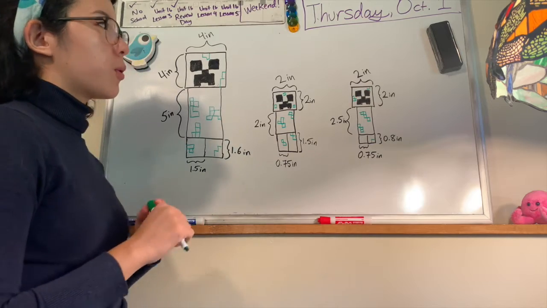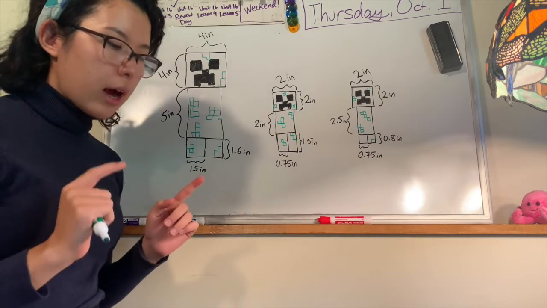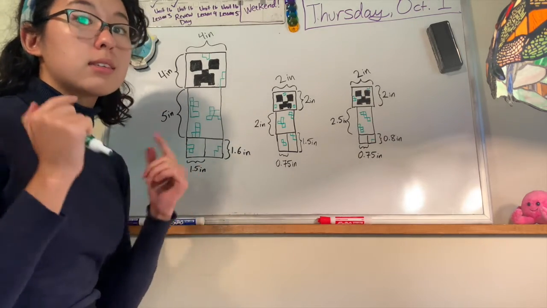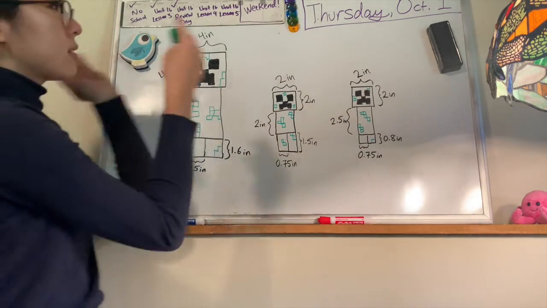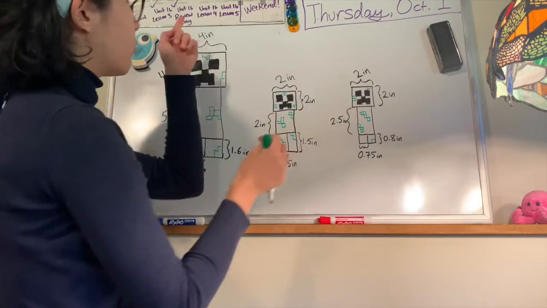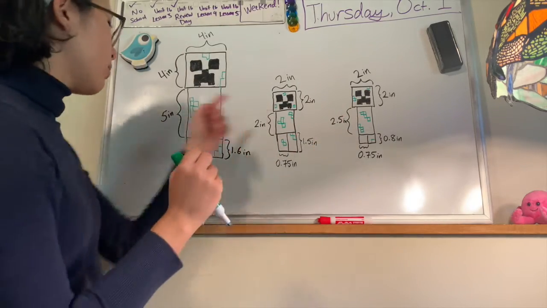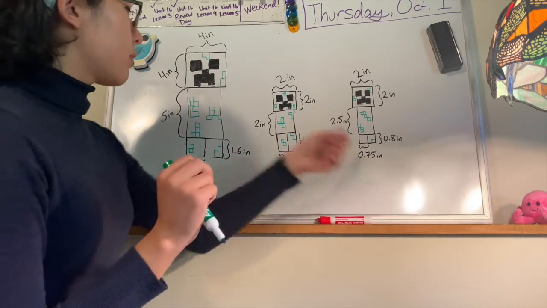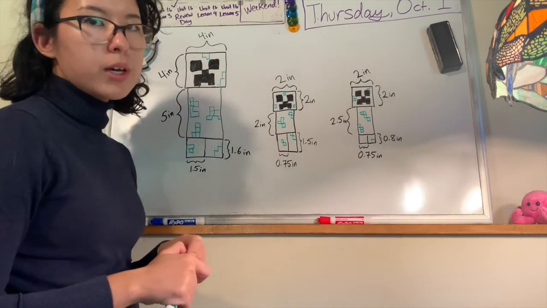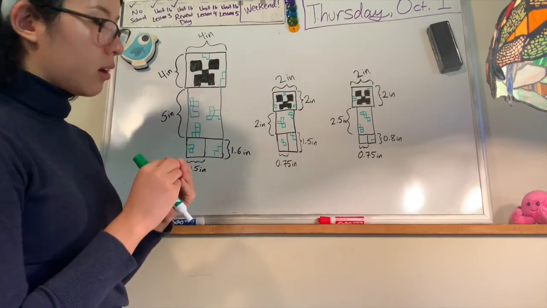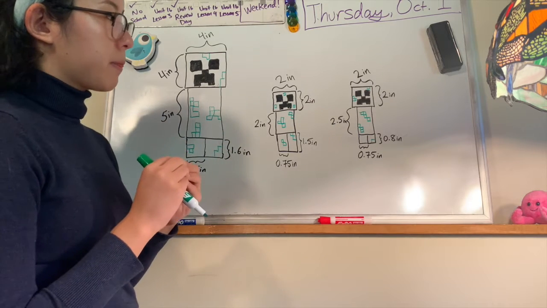Proportion is an interesting word because it talks about how we compare the measurements within the same drawing. So far we've been comparing measurements from big guy to little guy, 4 to 2, 5 to 2.5, 1.5 to 0.75, 1.6 to 0.8. But what happens if we compare measurements within a drawing?